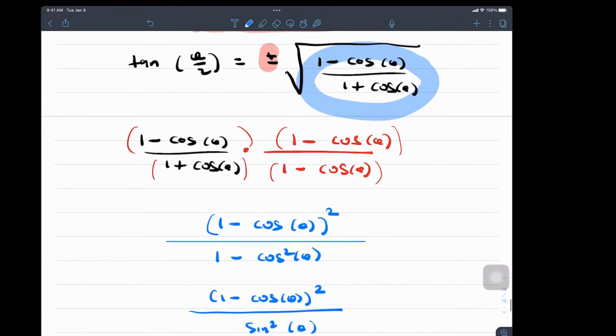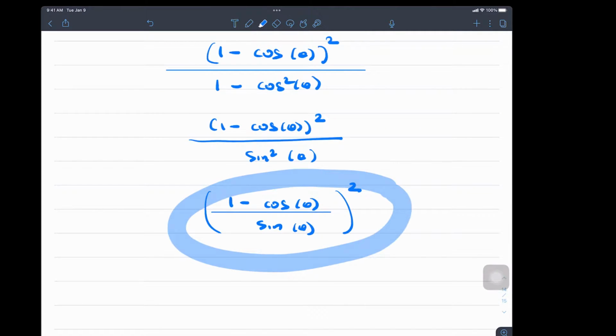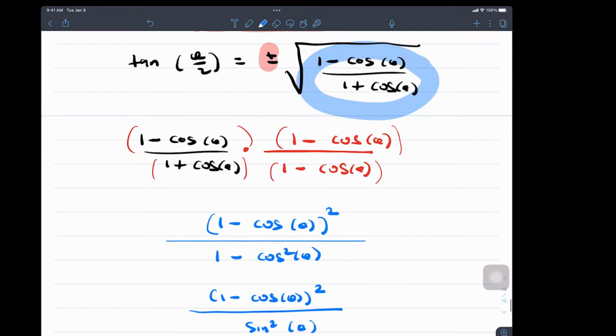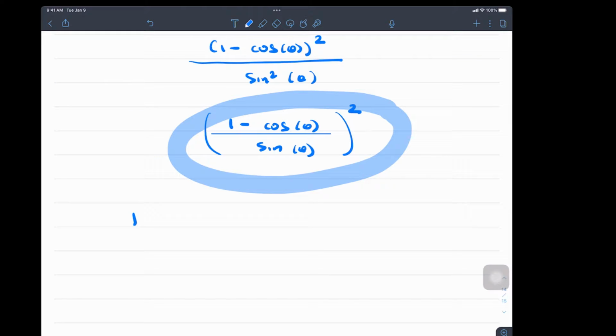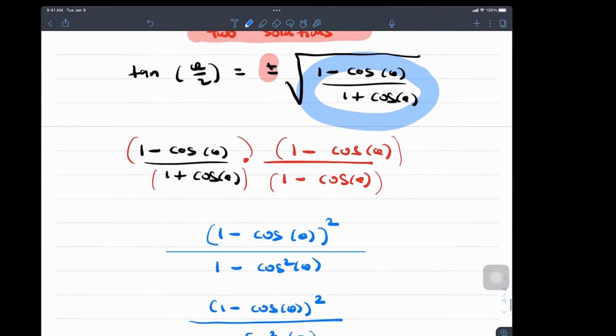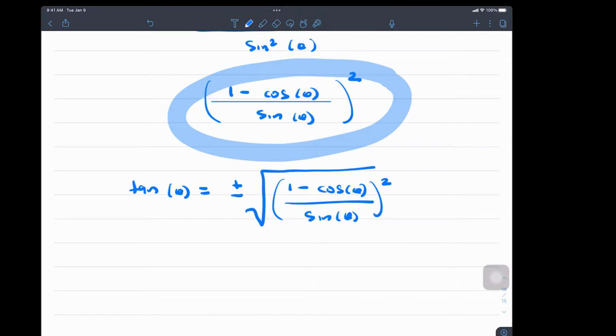So you might say, is this under the radical as well? It sure is. So now you're going to have tangent theta equals, what's this, plus or minus the square root of what? 1 minus cosine theta over sine theta, and that's to the second power here.